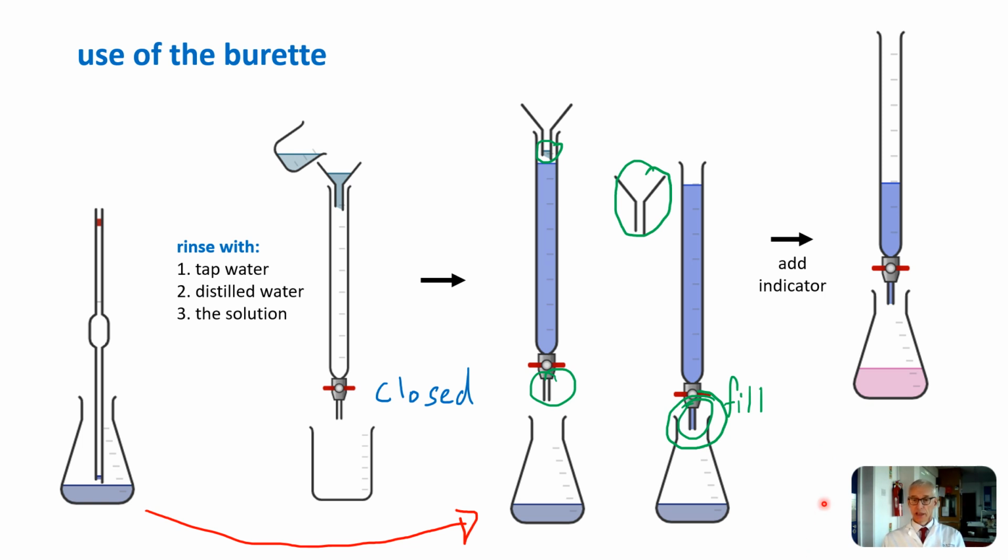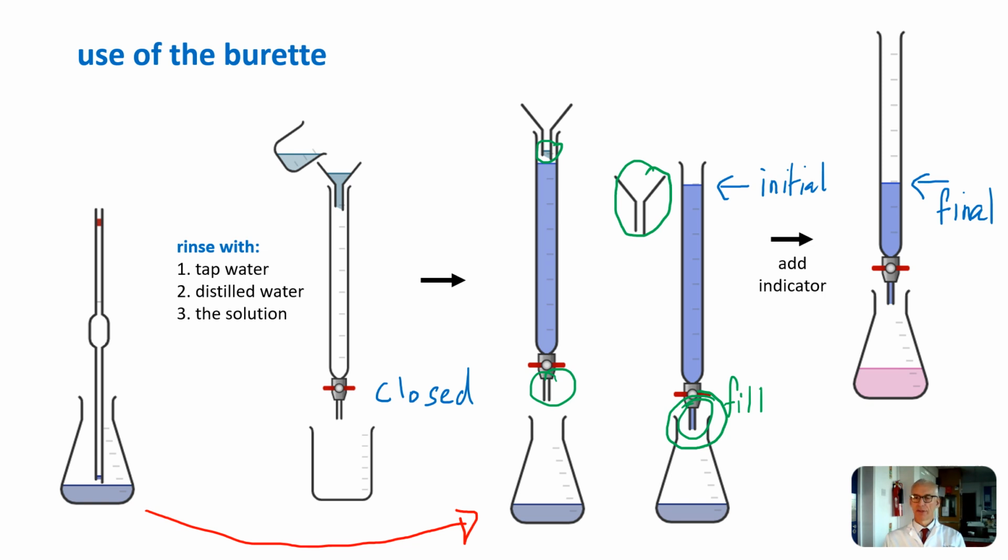So we then, having noted the initial volume, we add some indicator, and generally we'll see that there's a color change, and at the color change point we stop the titration and we take the final volume.